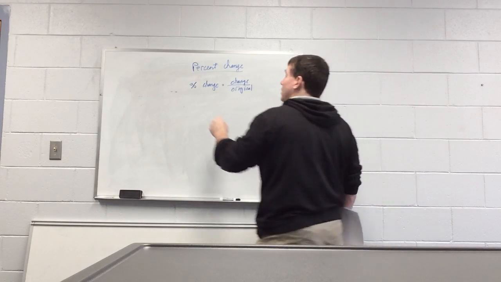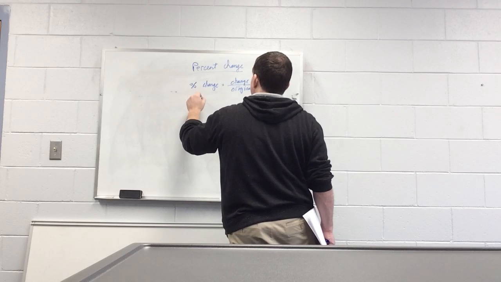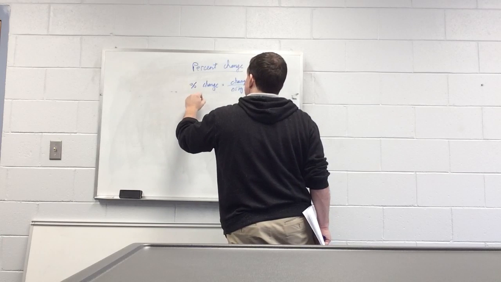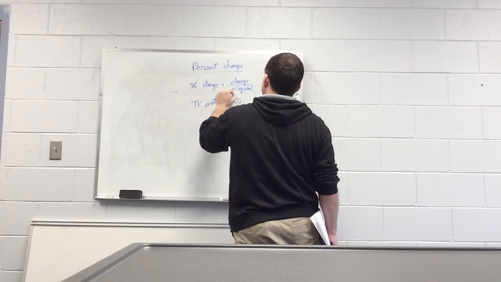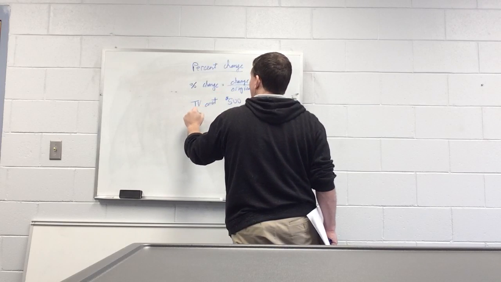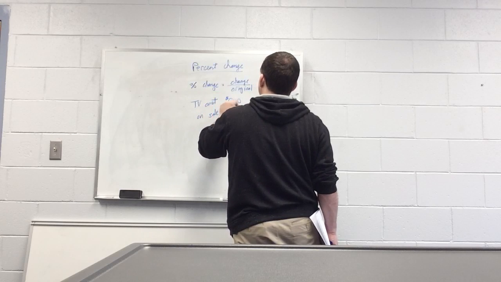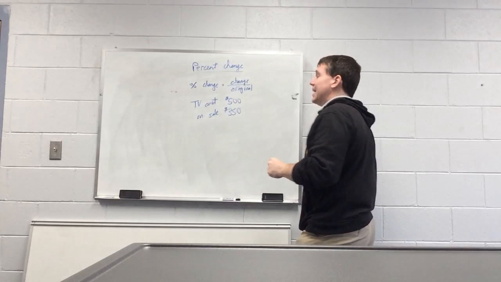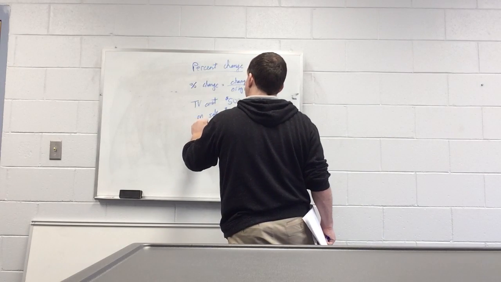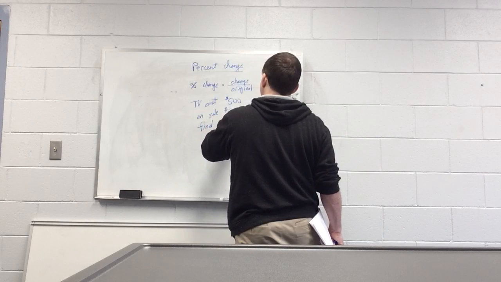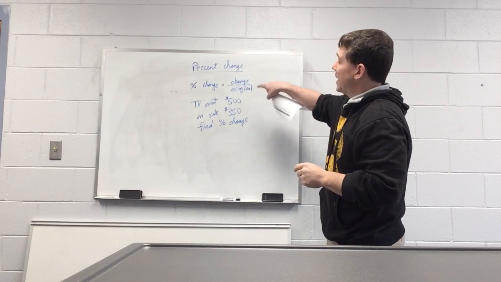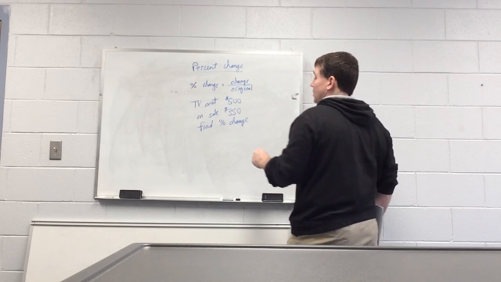So as an example, suppose there's a TV that costs $500 and then it goes on sale for $350. Find the percent change. Well, by definition, it's change over original.